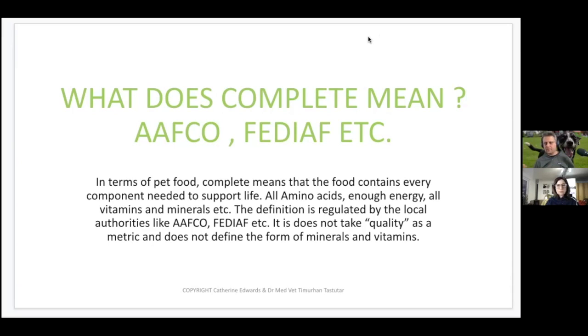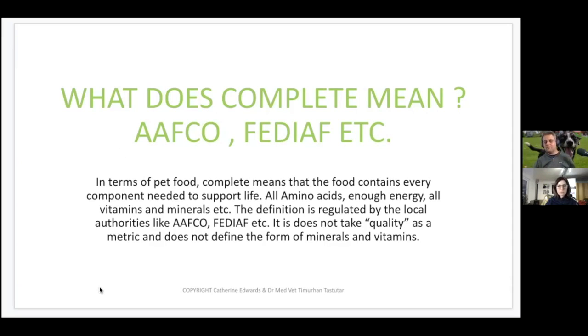And this authority works together with professors from pet nutrition faculties and professors who are good in animal nutrition, and they follow their guidelines. Although I have to say, AAFCO doesn't follow the guidelines of the highest level of university, but let's leave that aside. And these standards are followed and forced upon every manufacturer if they want to call their food complete.